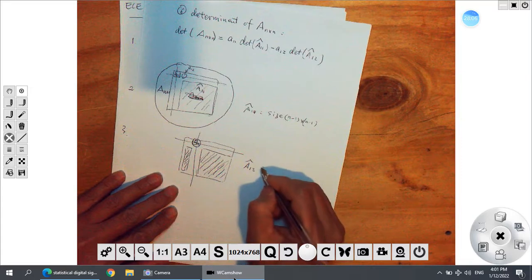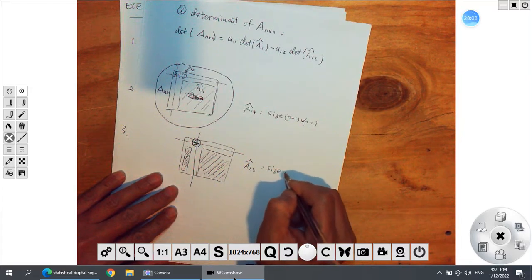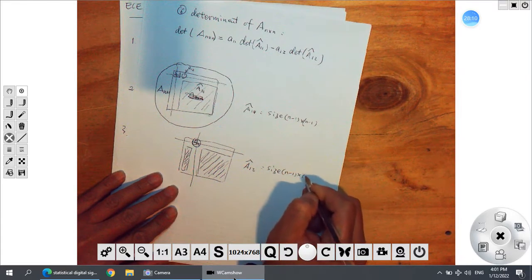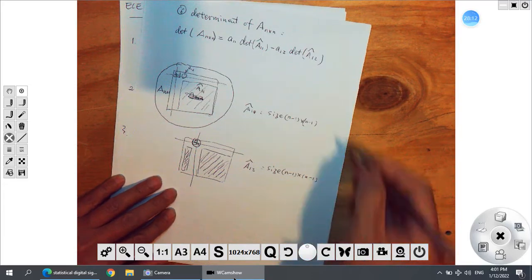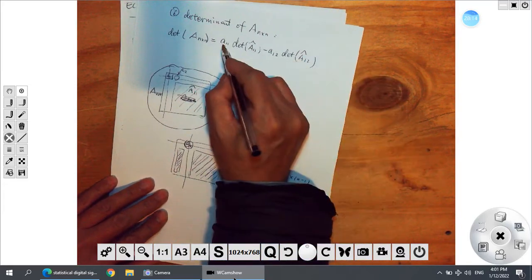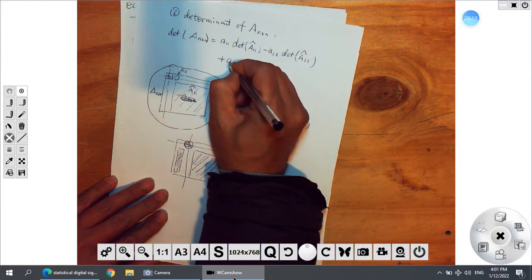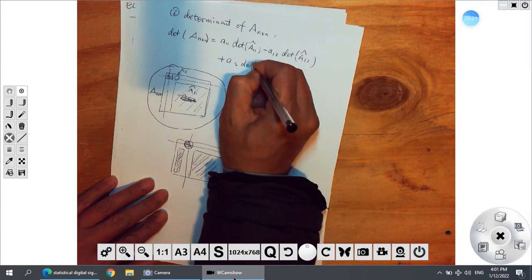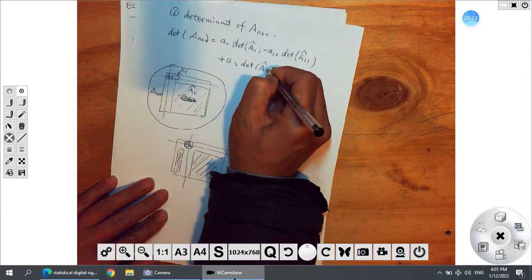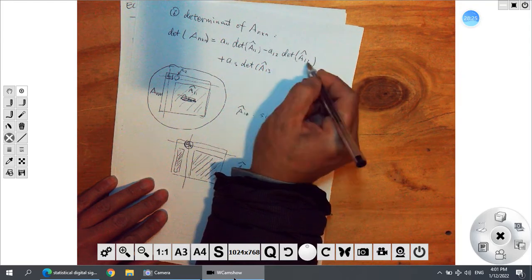This is also a smaller size. Then the third one: plus A13 times the determinant of A hat 13.